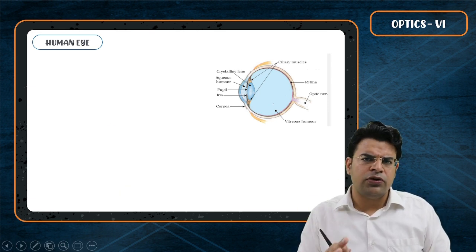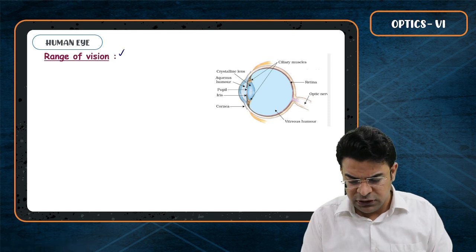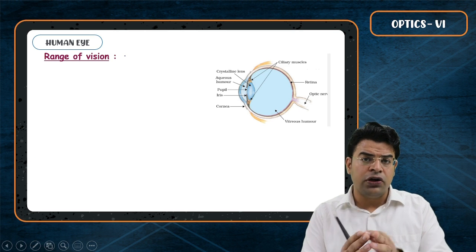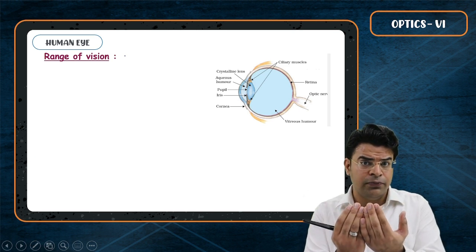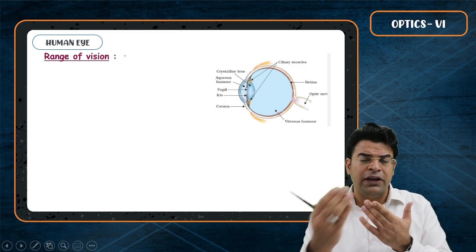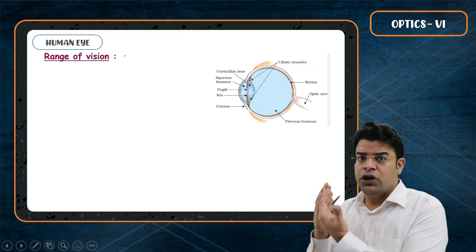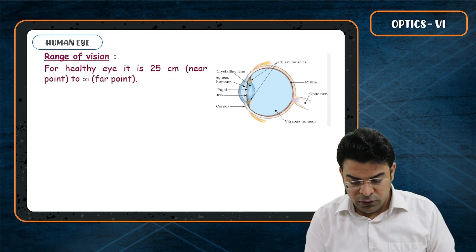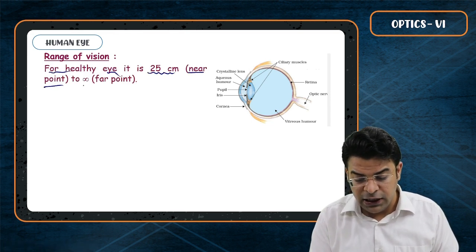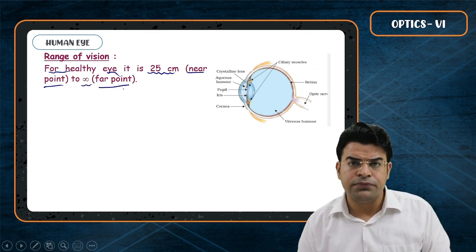Now let's talk about some basic terminology. First, there is something called range of vision. A healthy human eye has its near point at 25 centimeter and its far point at infinity. So the range of vision varies from 25 centimeter to infinity. For healthy eyes, 25 centimeter is the near point and infinity is the far point.